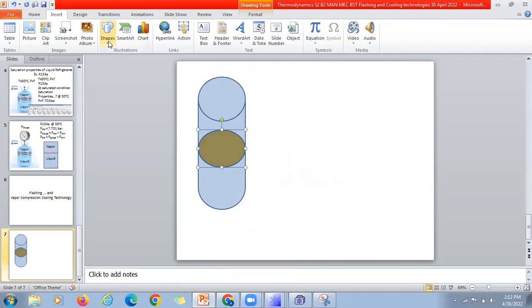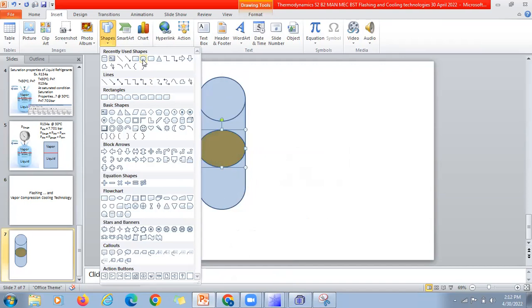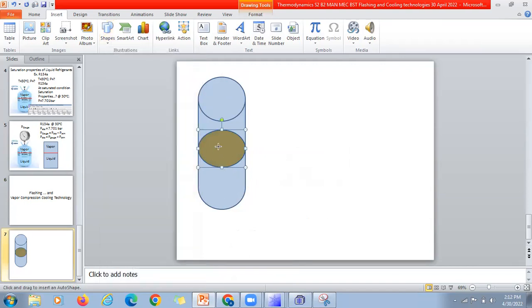In this plate, at the center maybe a small hole.